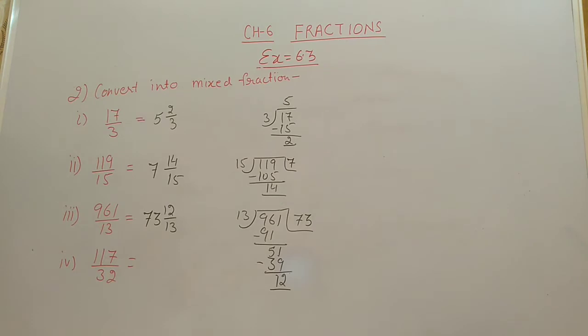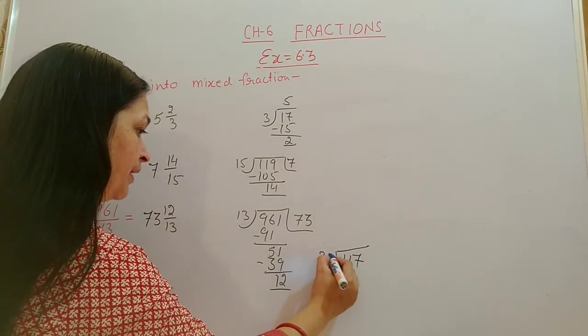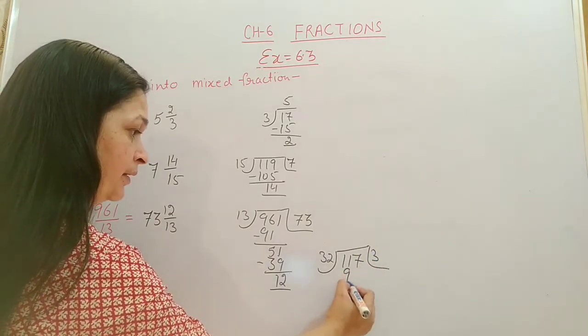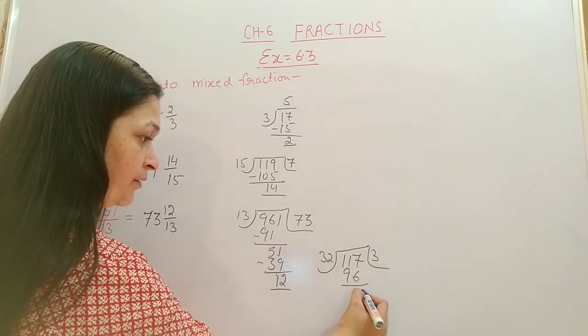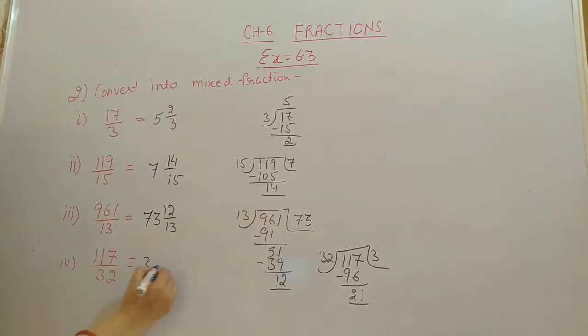Last one we have 117 by 32. We have to divide 117 by 32. It will go 3 times, 96. Then after subtraction you will get 21. So 3 whole number 21 by 32.